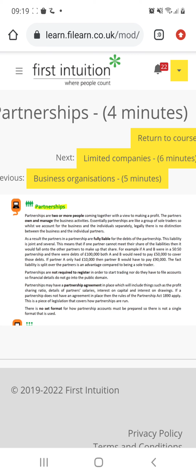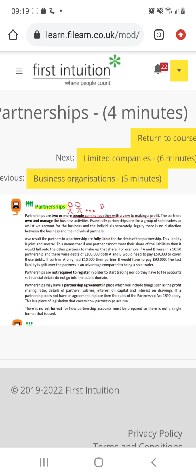Now, a common misconception is that a partnership is two individuals. It's actually two or more people coming together with a view to make a profit.